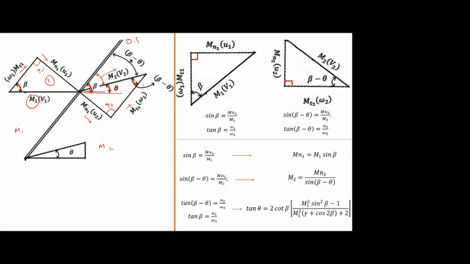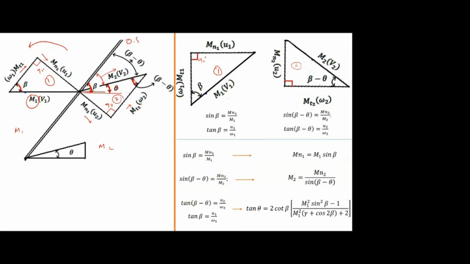Now we have two right angle triangles that I have mentioned here, but a little bit tilted. This one I rotated a little bit so that I'm getting m1, mn1, mt1. This is 90 degrees, here beta. Is it clear?